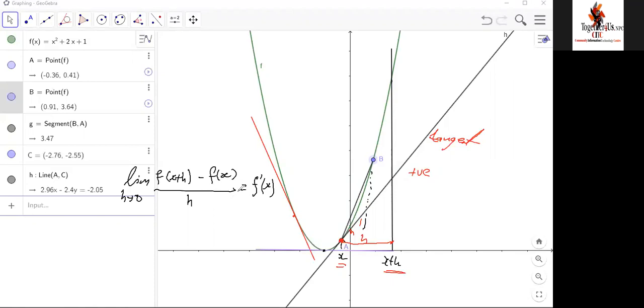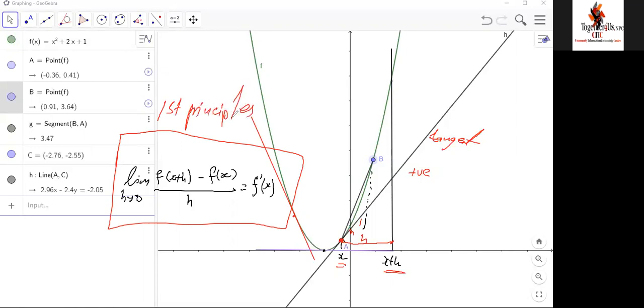Now, that being said, this thing is what we call in mathematics first principles. You use first principles basically to find the gradient, or the slope if you like, of the tangent to f at any point.